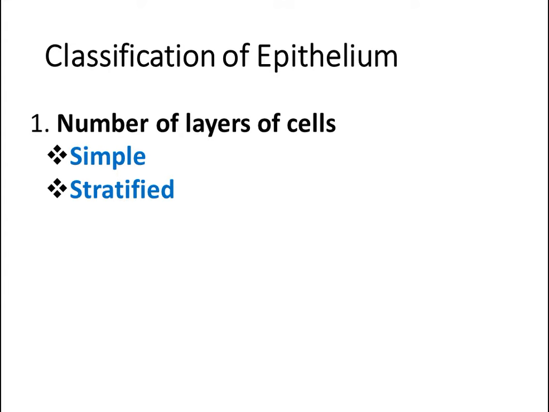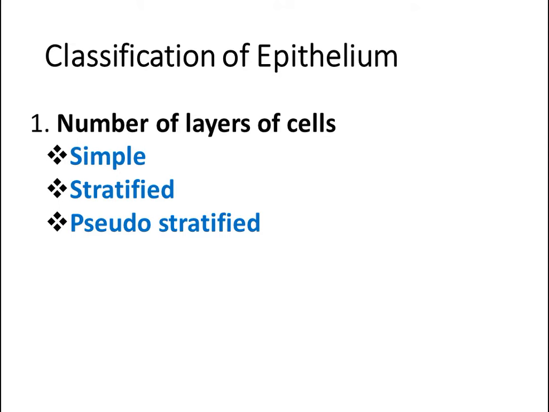Stratified is where there are more layers of cells, more than one layer. And then we have the pseudo-stratified epithelium. It appears to be stratified, however it contains a single layer of cells, and usually it is pseudo-stratified columnar.